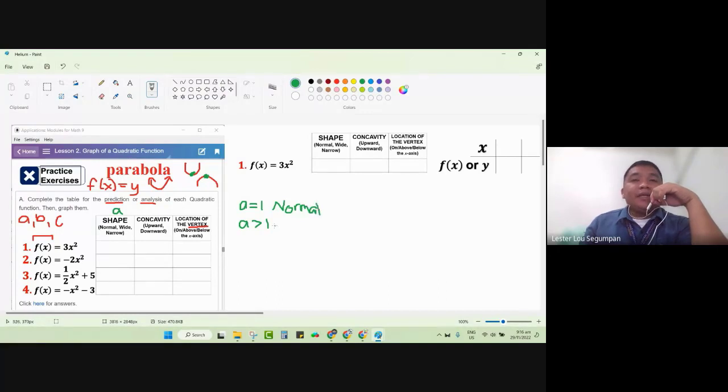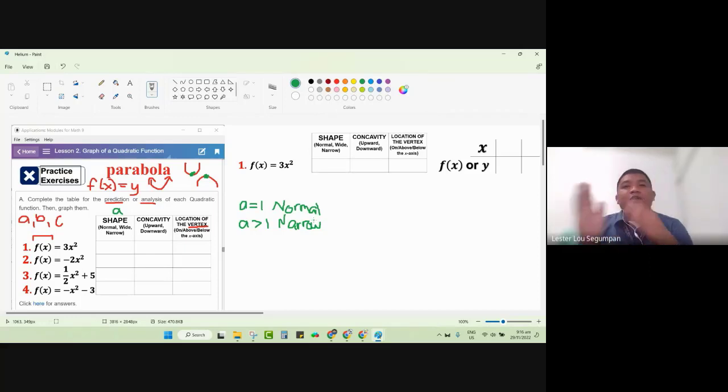We are expecting a narrow parabola, okay? Meaning the parabola from its normal form will be a little bit narrower, or the curve of the parabola looks a little bit closer than when it's normal.